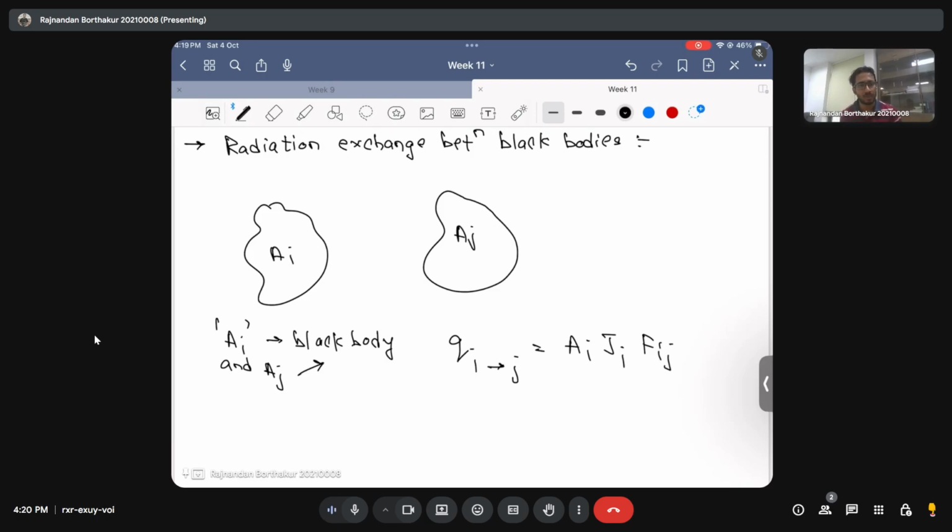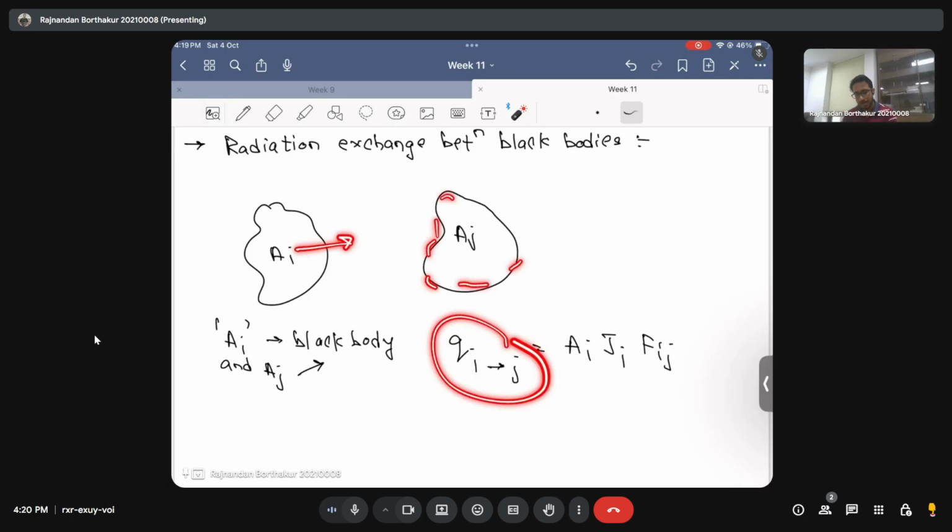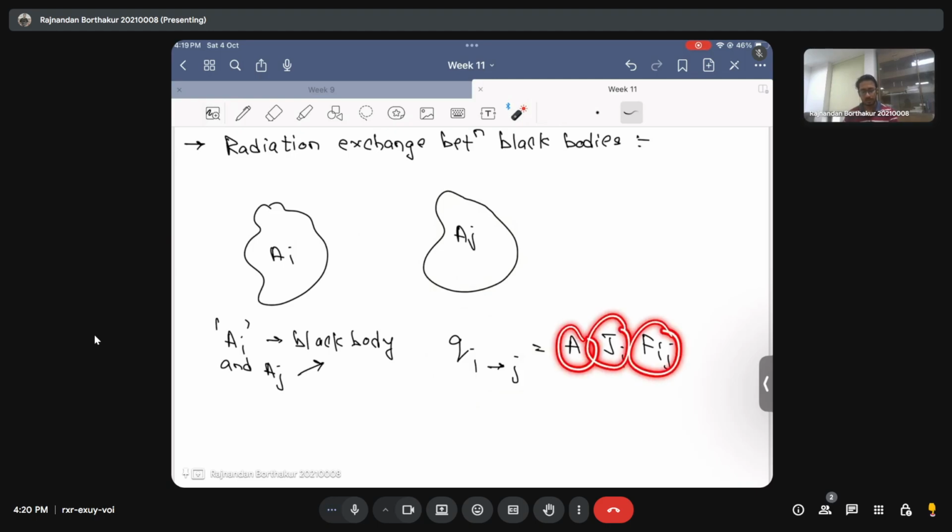And that's how the view factor comes into the picture of solving realistic problems involving radiation exchange. Okay, so Q i to j is nothing but the fraction of radiation that goes from surface i and is intercepted by surface j, which is the area times the radiosity times Fij, the view factor. Fij again is nothing but the fraction of radiation leaving surface i that is intercepted by surface j.